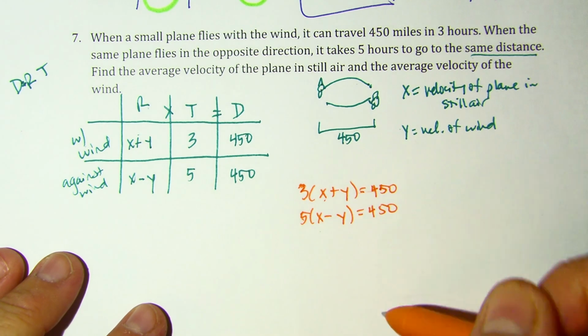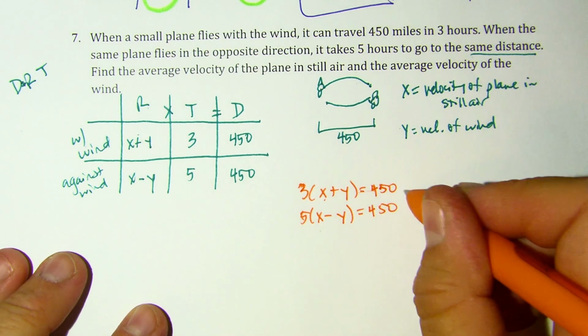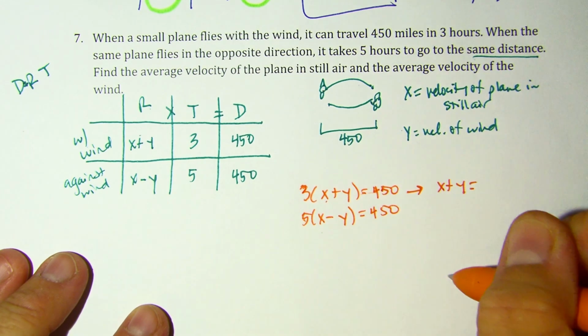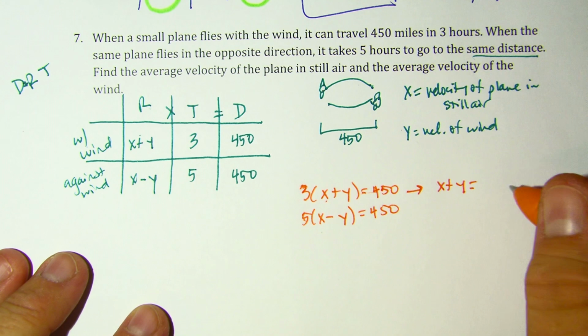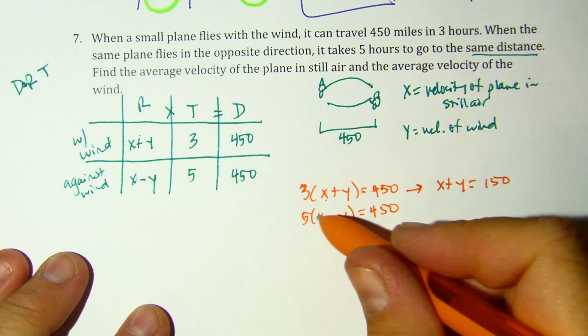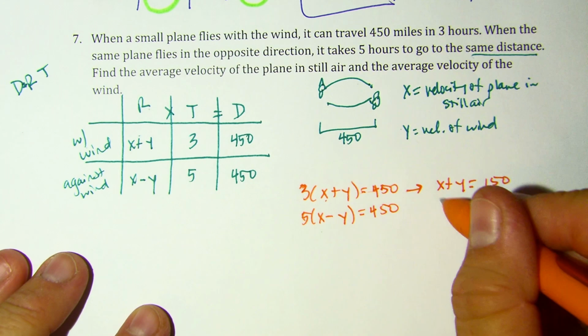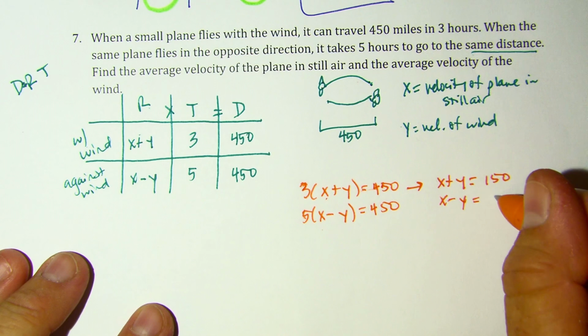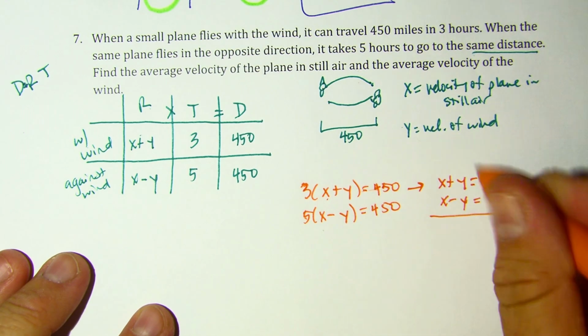If I divide the top equation by 3, the 3 would cancel, and that would become x plus y equals, and 450 divided by 3 is 150. And then here, dividing by 5, the 5 cancels, and we have x minus y, and 450 divided by 5 is 90. And now these are ready to eliminate.